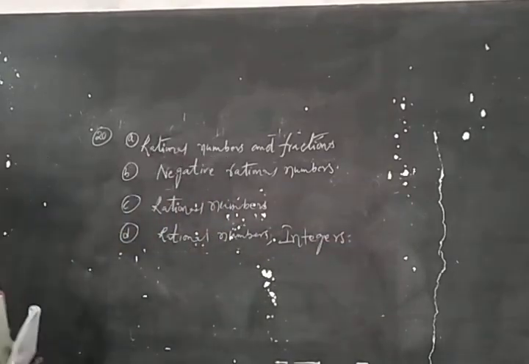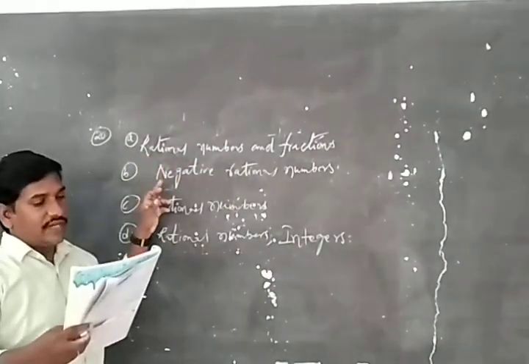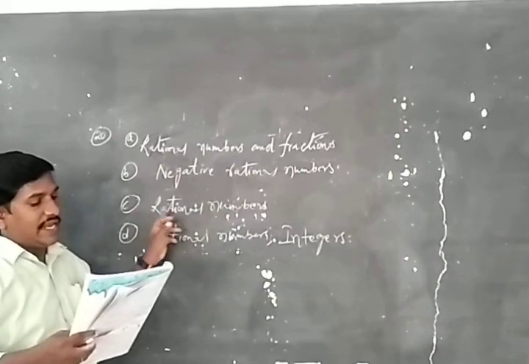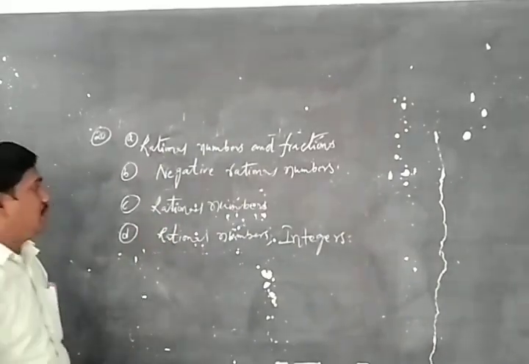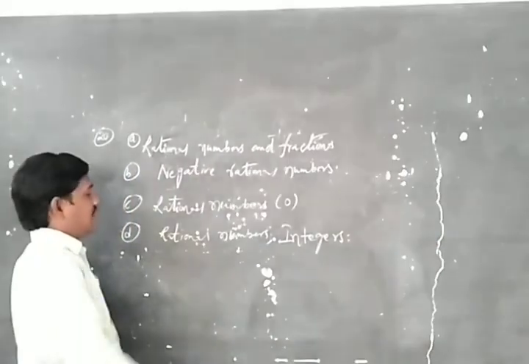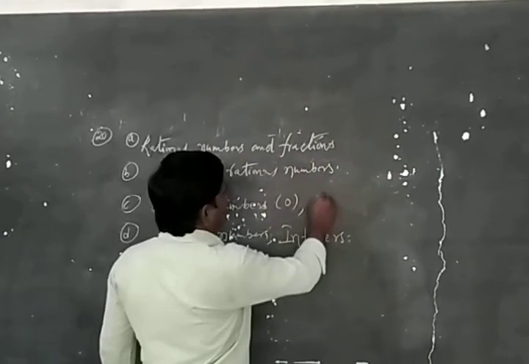First one A is rational numbers and fractions, B is negative rational numbers, and C is also rational numbers. Why? Because 0 is also a rational number and an integer also.